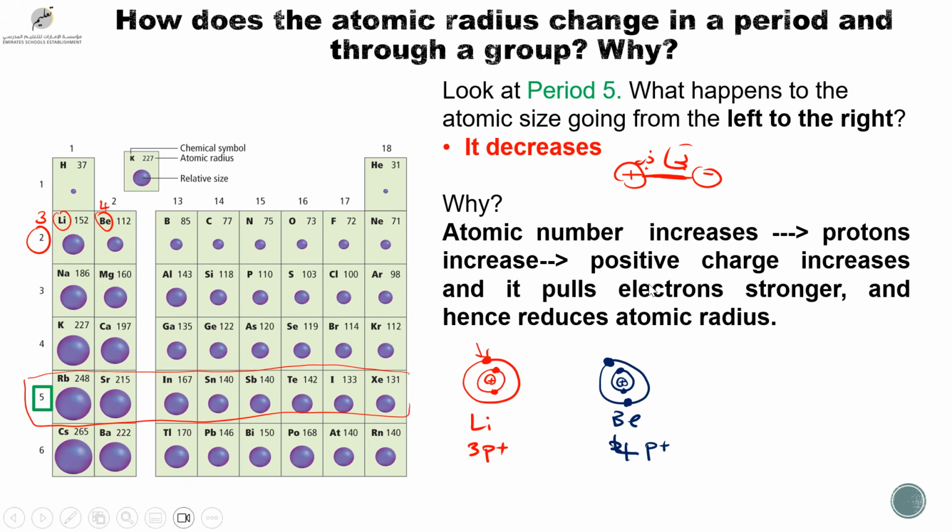So guys, this one has 4 protons. Okay, so the positive charge here is stronger. And you know that the electrons here are actually negative. So which one is going to pull electrons in a stronger way? مين اللي بتجذب الإلكترونات عندها بطريقة أقوى؟ النواة اللي عندها 3 بروتونات, the nucleus that has 3 protons, أو the nucleus that has 4 protons.